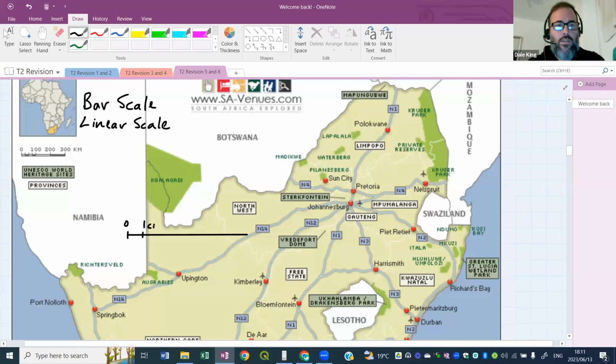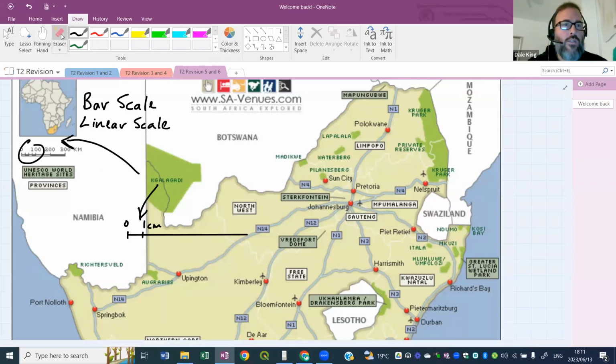I'll even write the units there. So you measure this on a ruler. That 1 centimeter matches the first 0 to 100 marker on your bar scale. What that means is this 1 centimeter represents this 0 to 100.